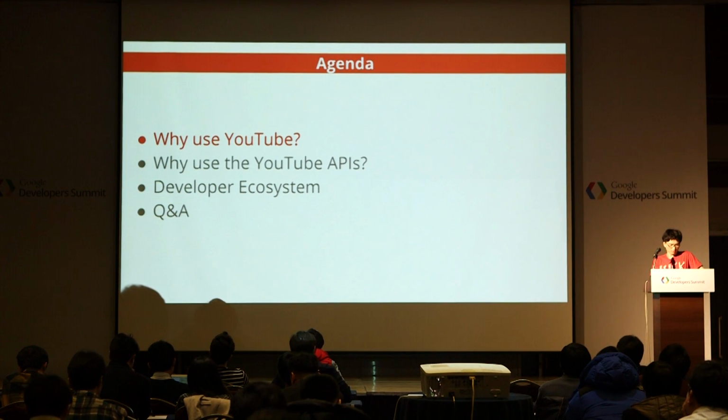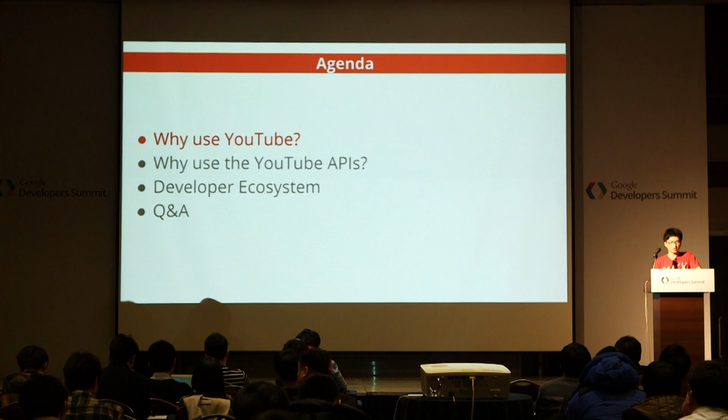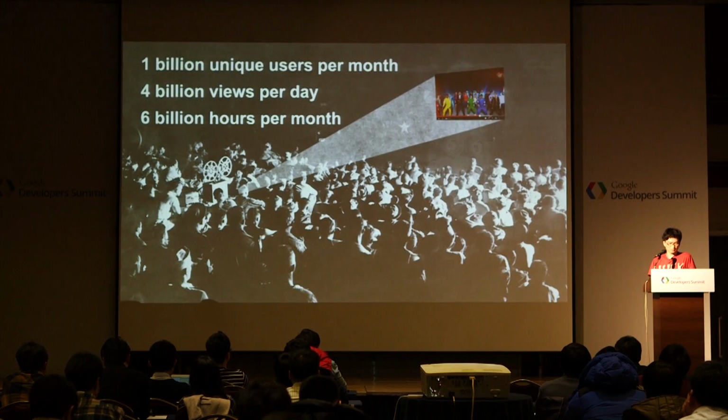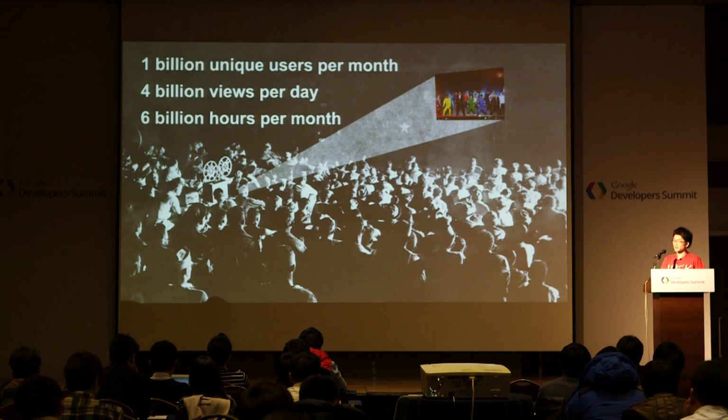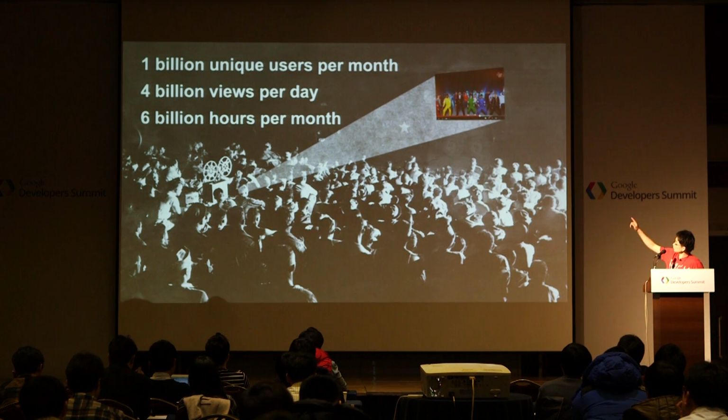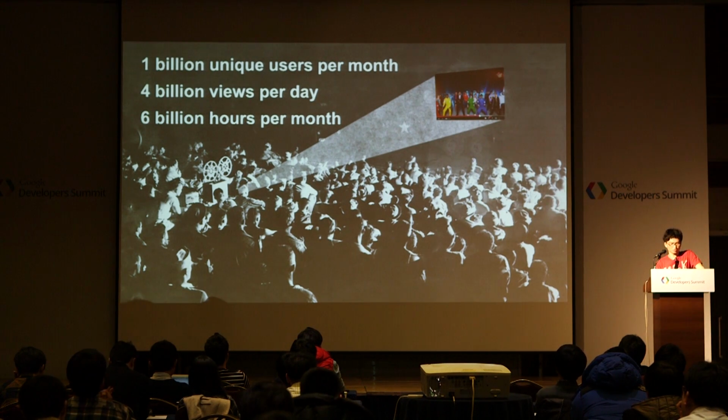Before introducing YouTube API, I would like to introduce the YouTube service itself, because that explains why YouTube can energize your application and increase user engagement. I'd like to show you some stats on how big YouTube is as a video service. First, YouTube has over 1 billion unique users per month.